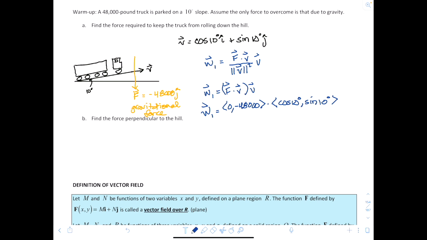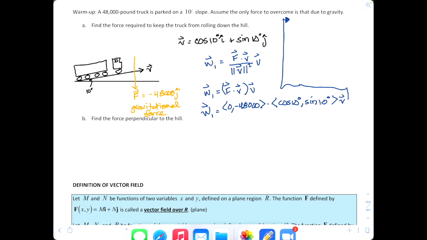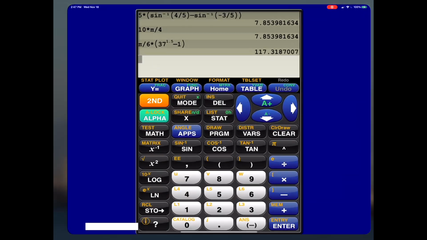Then we multiply that by V. The first part will zero out, and then we'll have negative 48,000 times sine of 10 degrees.